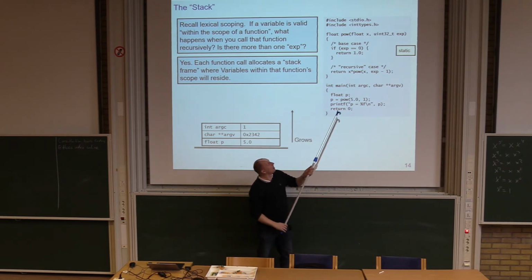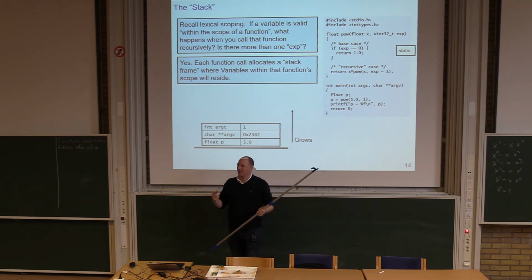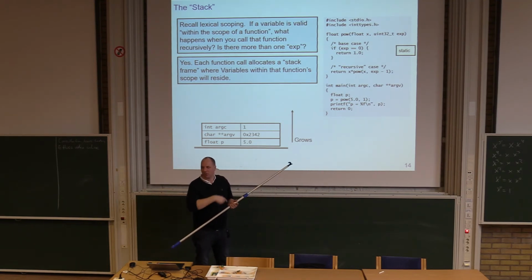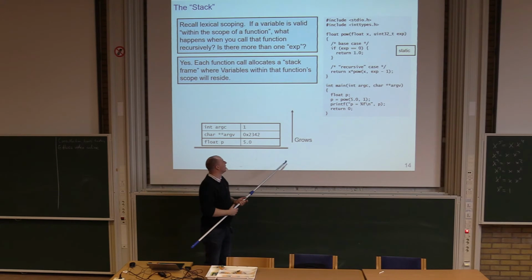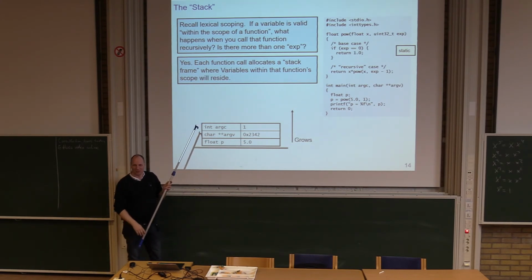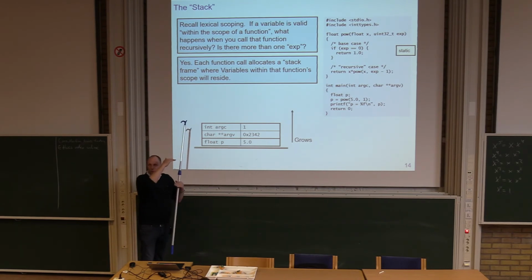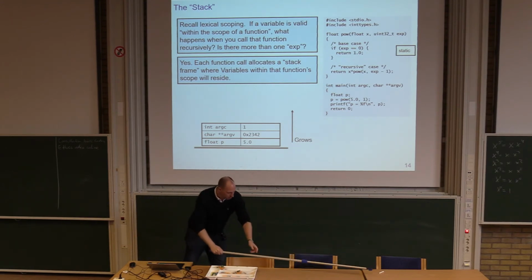That depends on the exponent. So if you give it a really large exponent, then you will call it a lot of times, and then the stack will grow, right? The stack will always be of finite size. So you might run out of stack space if you send in too large arguments.